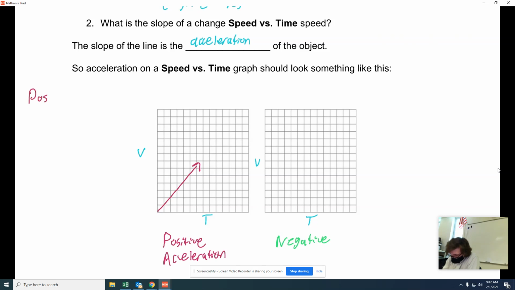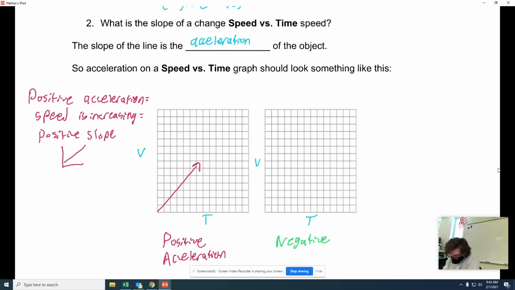So if I have a positive acceleration, again, that means that the speed is increasing. So on this line, that just means I have a positive slope, which means that my graph is going up over time.